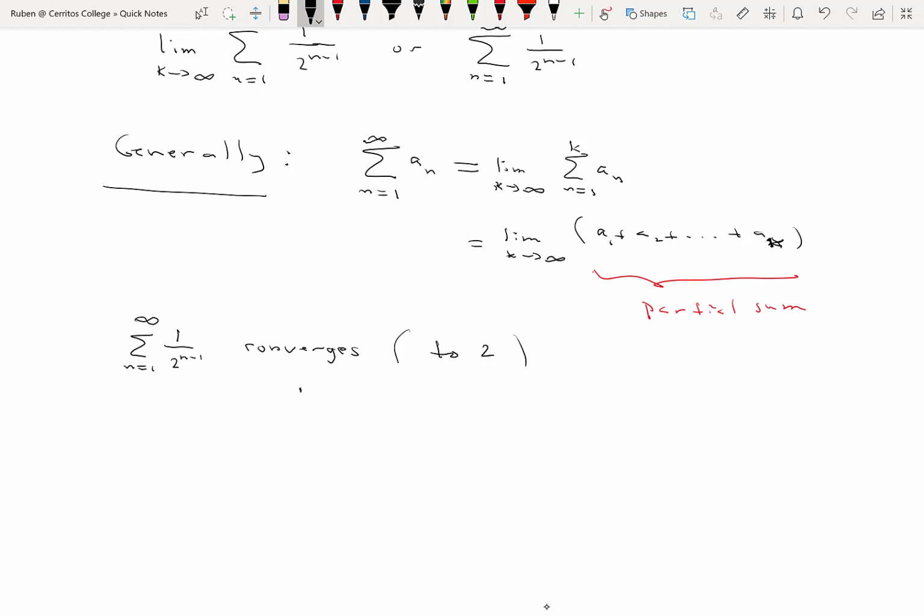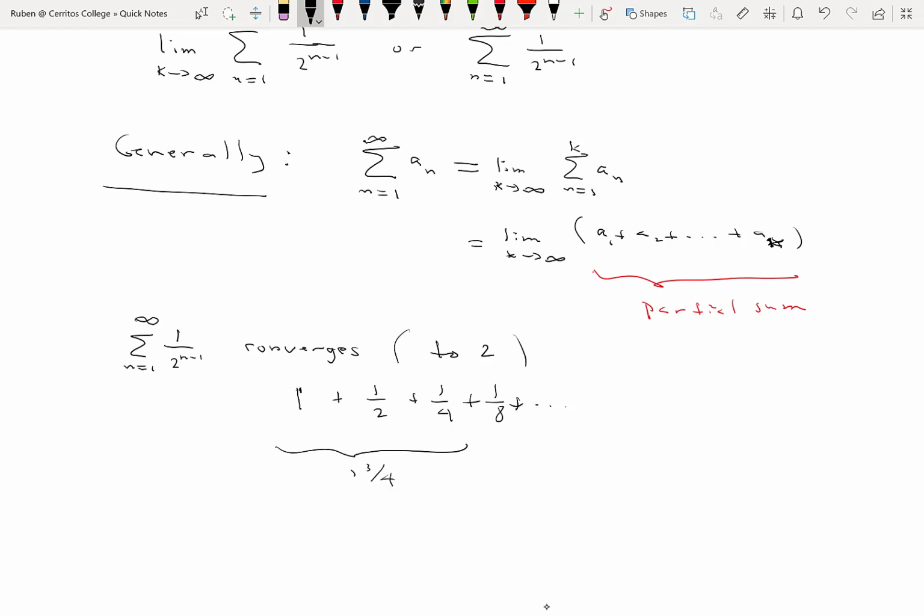If you really think about it, what did their series look like? It looked like one whole pizza plus 1/2 a pizza plus a fourth of a pizza plus an eighth of a pizza. Most of the pizza that they ate was in the first two orders, or even the first three orders. In the first three orders, 1 plus 1/2 plus 1/4, that's 1 3/4.